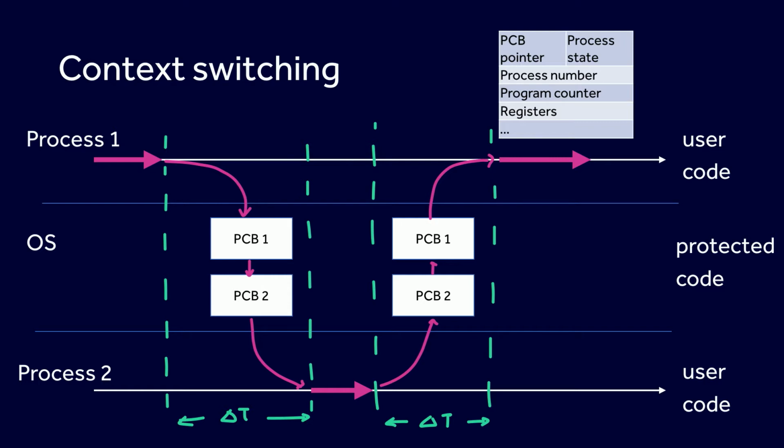This time here down the bottom, which I've labeled delta T, is often called the process switch latency, and you obviously want that to be as fast as possible. So you try and design your computer so that you can save this PCB as quickly as possible. So there's lots of maneuvering by hardware designers to make sure that this switch happens as quickly as it can be, and indeed software engineers.